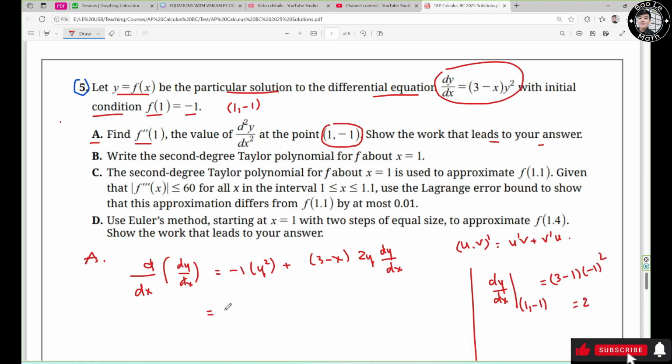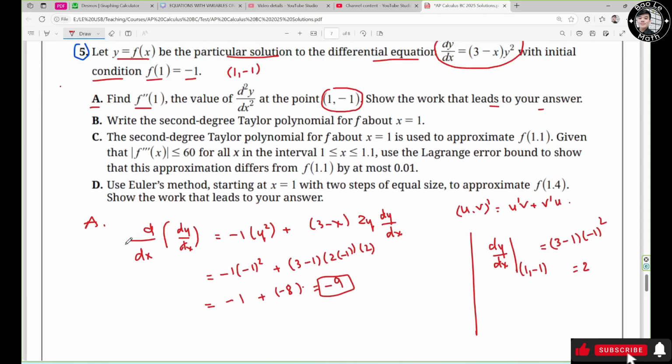So we have negative 1 times negative 1 squared, plus 3 minus 1 times 2 times negative 1, times dy over ds, which is 2. Simplify: negative 1 plus 4 times negative 2, which is negative 8. So the answer is negative 9.